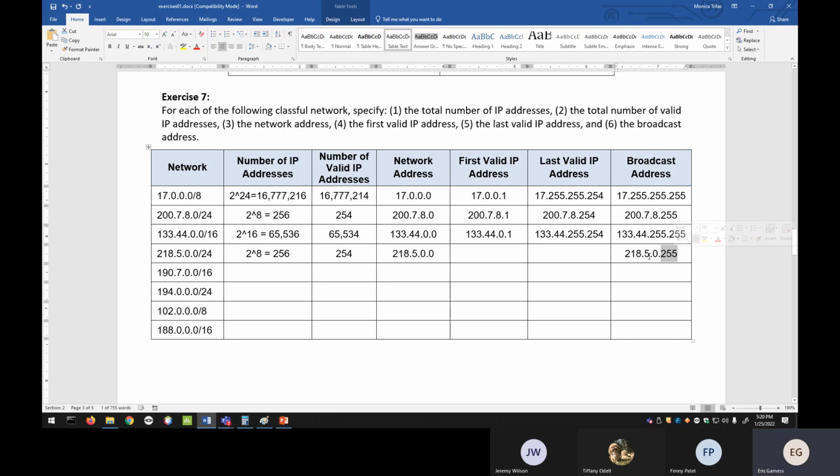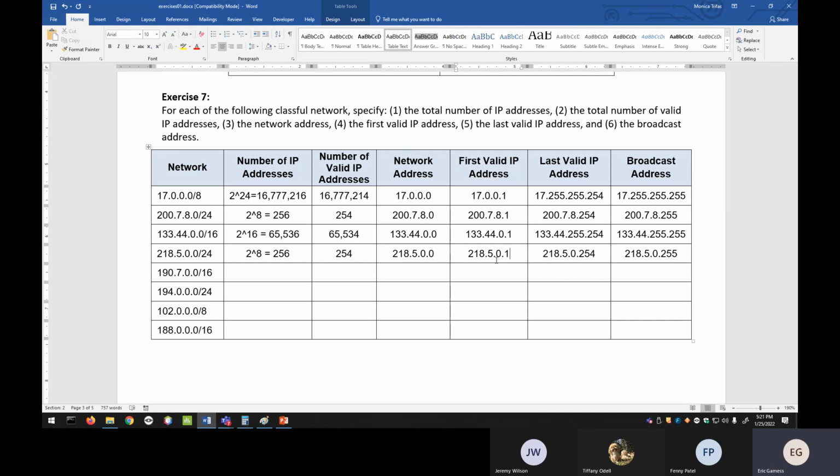So one IP address before this one will be what? It will be 218.5.0.254, one IP address before. One IP address after this one will be what? 218.5.1.0.